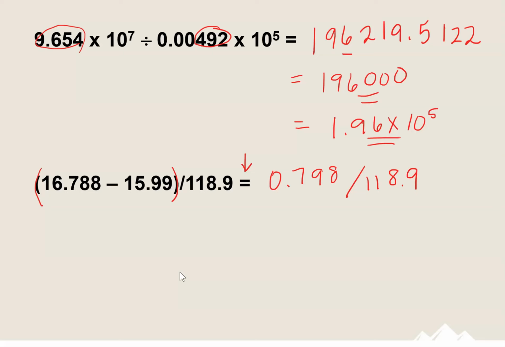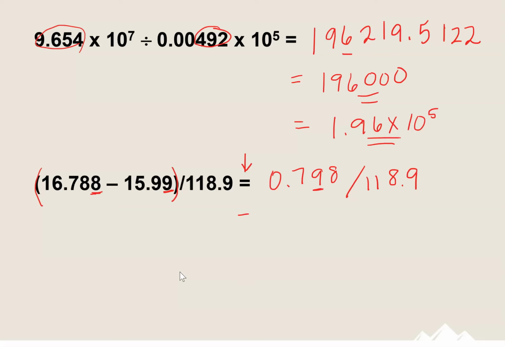Now the reason I'm doing this a step at a time is that there are two different kinds of operations with two different rules for significant figures. First, I did a subtraction, and in subtraction, I worry about where the number ends. This ends in the thousandths place, this ends in the hundredths place, so I'm limited to the hundredths place here.